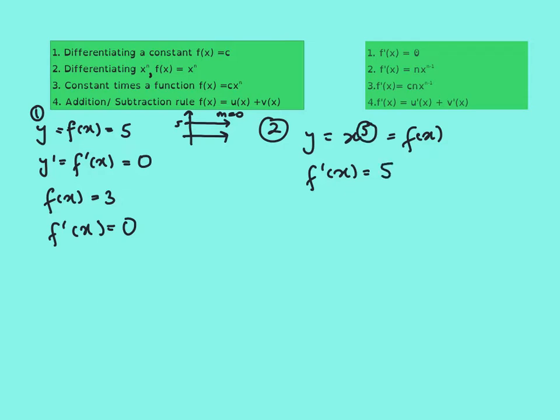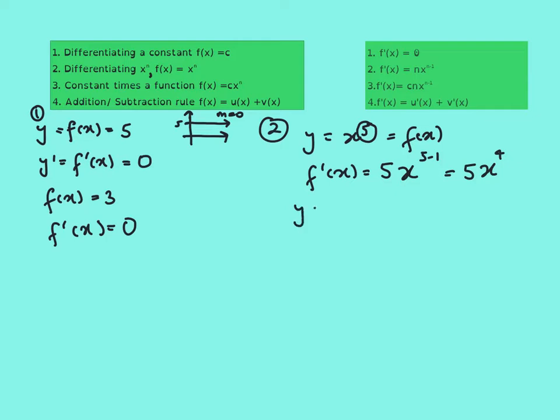So it's 5 times x, and this same power here is going to be reduced by 1. So it's going to be 5 take away 1. You don't have to always write take away 1 from the index; you can do that in your head when you feel confident doing it.